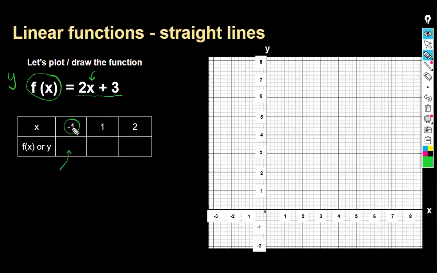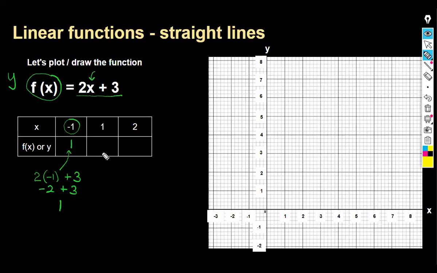How much is x right now? -1. Go to the equation, replace x with -1 and work it out. 2 by -1 is -2 plus 3. -2 plus 3 is +1. Finished. So when x is -1, the corresponding y or fx value is +1.